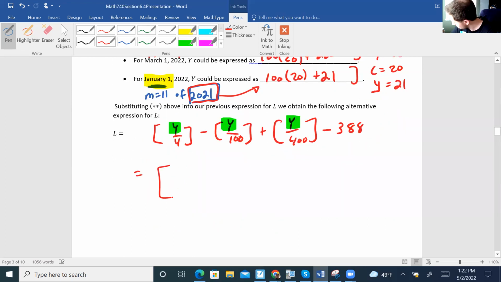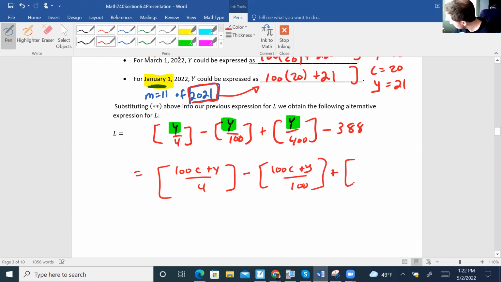So I get (100c plus little y) over 4 minus (100c plus little y) over 100 plus, what's my capital Y, (100c plus little y) over 400 minus 388.